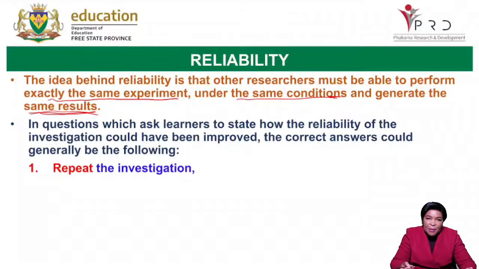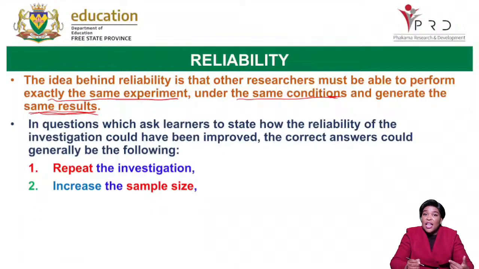Because when you just say repeat it, you don't get the mark. You must write the full statement to say repeat the investigation at least 3 times and get the average. So you see, now you are telling us that that will then be reliable.